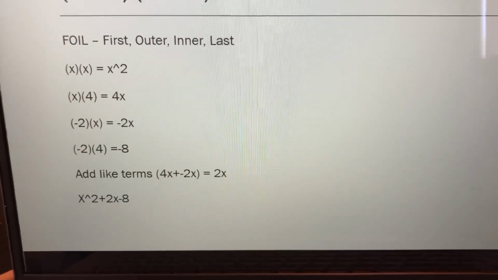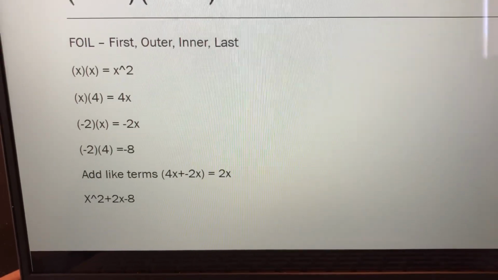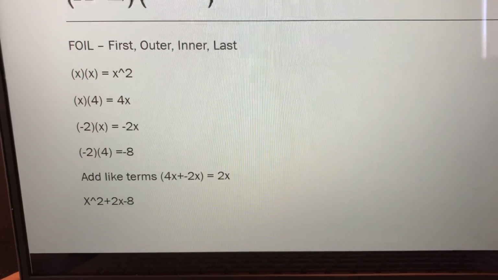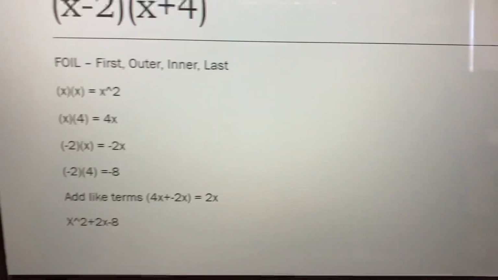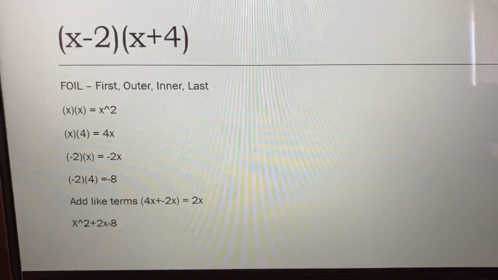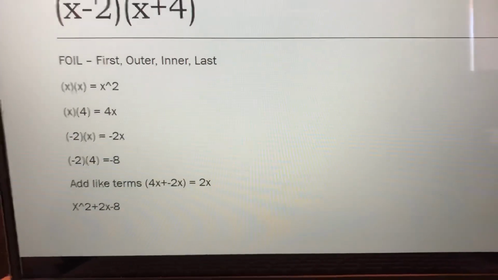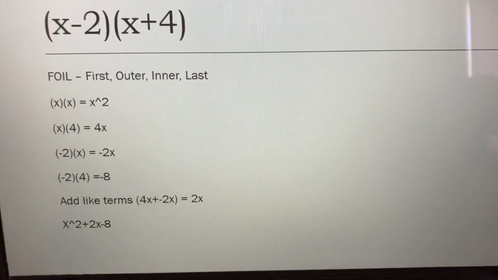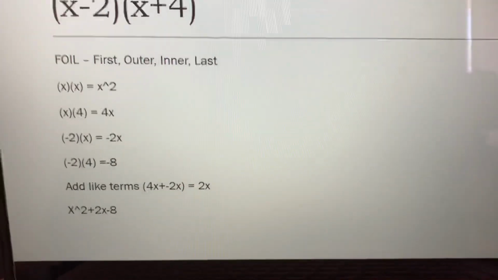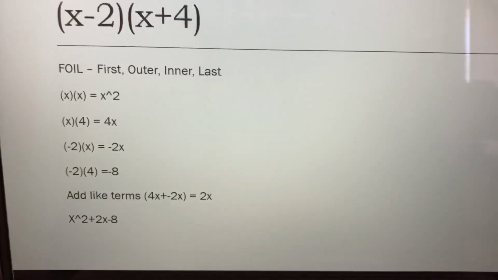So now we have all three of our terms. We've got x squared plus 2x minus 8. So if we look at this expression and we want to identify it, if this were set up as an equation, set equal to 0, remember with the quadratic equations that we talked about before, this would be a quadratic equation because it's x to the second degree.